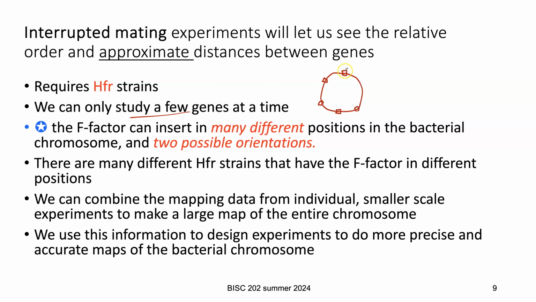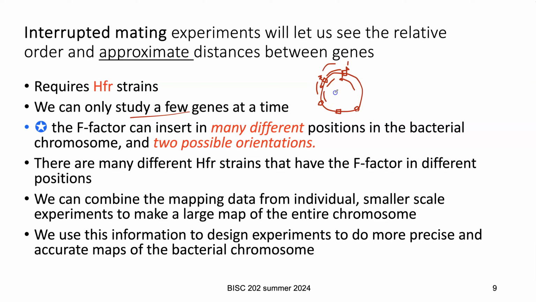So there are some strains where the F factor has inserted here in this orientation. There's other strains where it's inserted in approximately the same place but in the opposite orientation. There's many different positions and orientations, so that we can do an experiment with these two, and an experiment with this one, and this one, and this one, and so on.